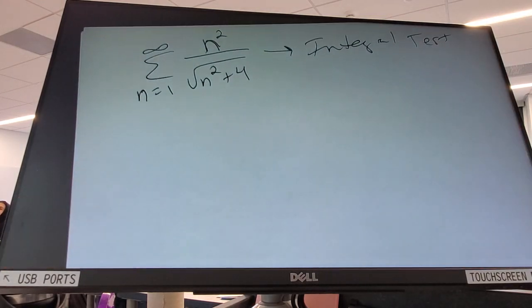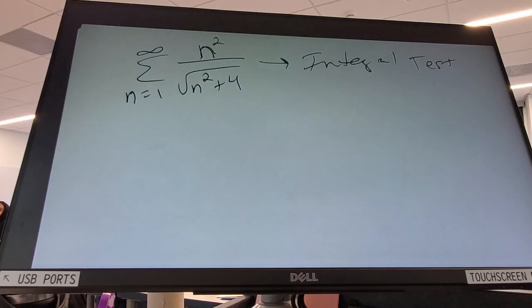Oh, and real quick, I'm really loose with this, and it's just too bad for everybody. Do you guys remember the requirements for the integral test? Your function has to be continuous, positive, good, and decreasing. I'm not going to be too picky, but if I really was picky and it said show that this meets the requirements, the hardest one to show, do you all agree that's very much positive?